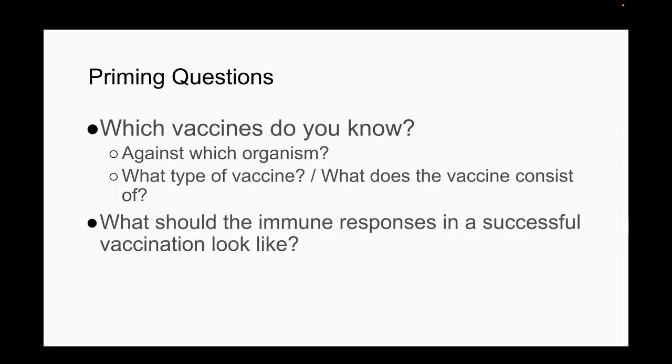So memory. That means usually you want memory B cells. Long-lived plasma cells are great. For many vaccines, you do not just want the humoral response, but you also want the cellular immunological branch, meaning you want memory T cells, particularly the memory cytotoxic T lymphocytes.